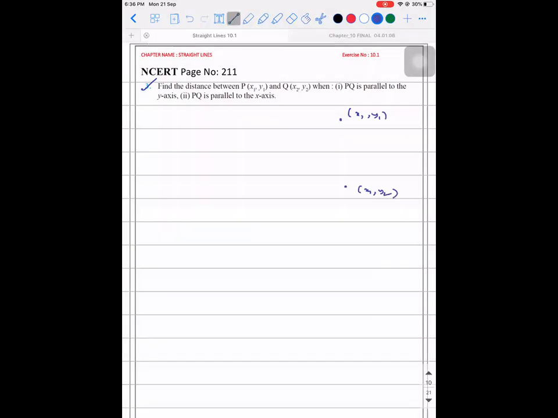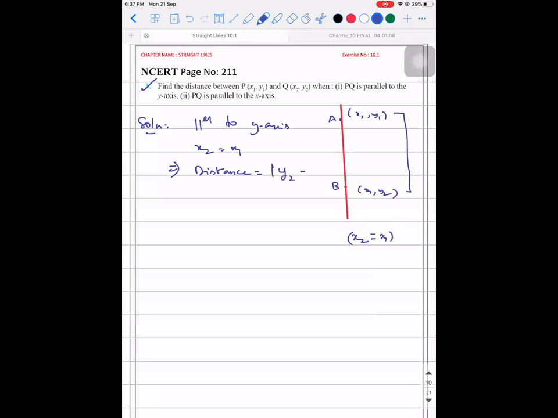When it is parallel to the y-axis, what can we conclude? x2 is equal to x1. So what will be the distance between these 2 points? It is the modulus of y2 minus y1.